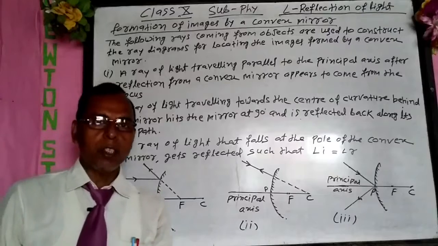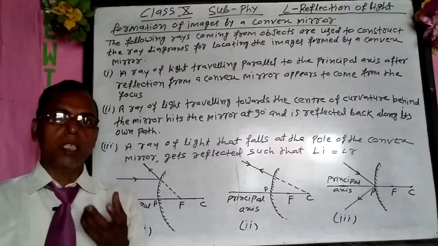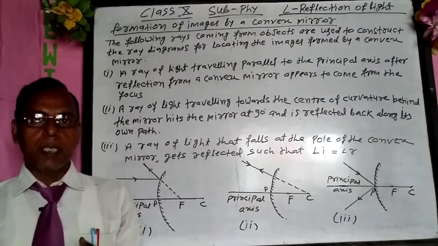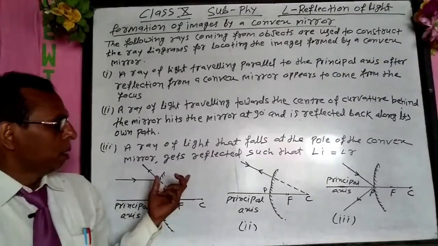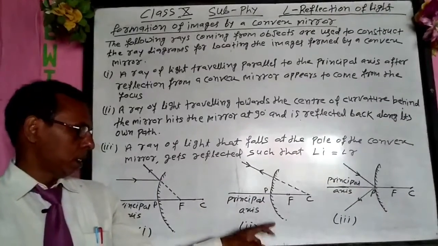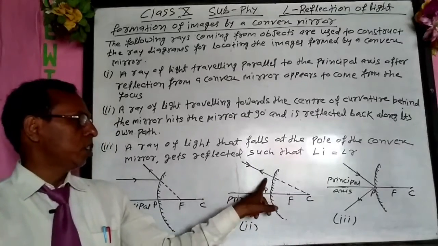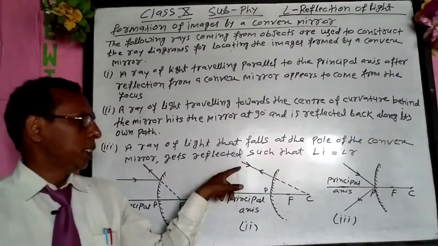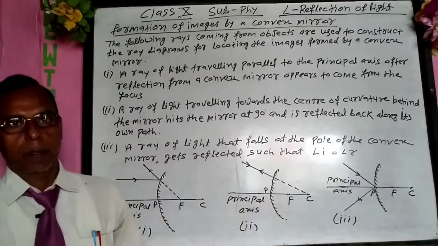Next, an incident ray that travels towards the center of curvature of a convex mirror comes back on its original path. That is clear by the following figure. This line is the principal axis, this is the incident ray, this is the reflected ray, because it travels towards the center of curvature.